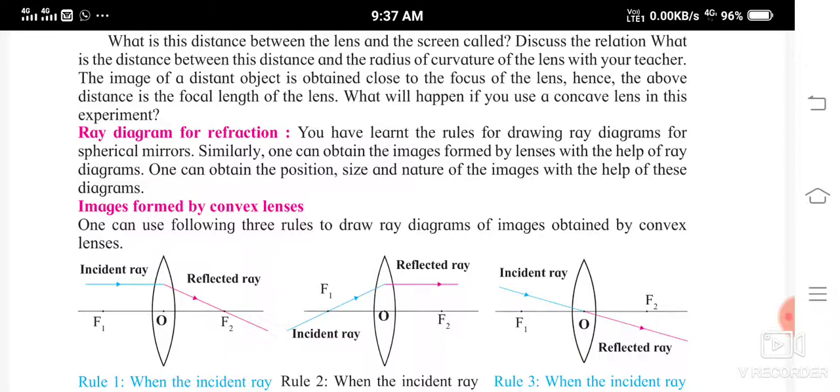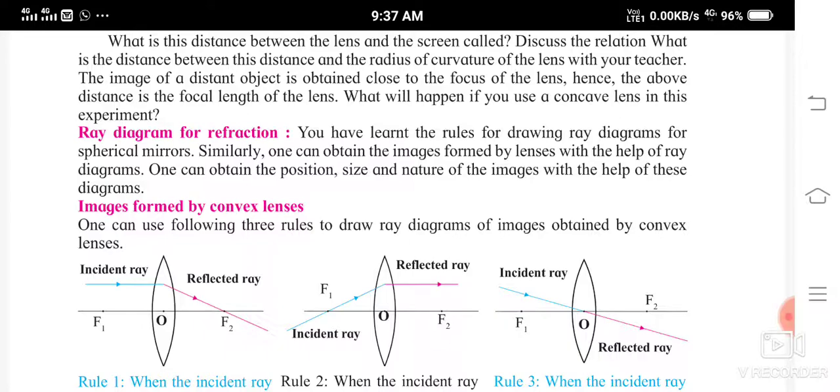Now, ray diagram for refraction. You have learned the rules for drawing ray diagrams for spherical mirrors. Similarly, one can obtain the images formed by lenses with the help of ray diagrams. Ray diagrams for refraction you learned last year, in standard 9th. You have already learned the ray diagrams regarding spherical mirrors, isn't it?